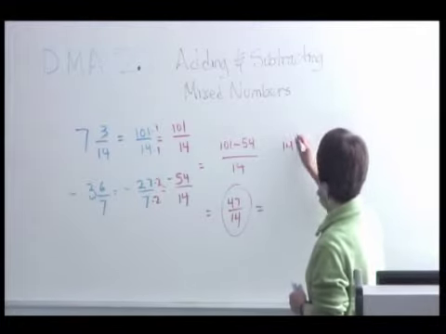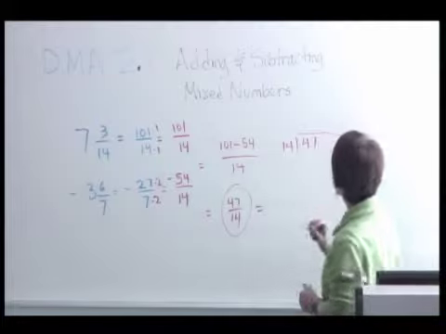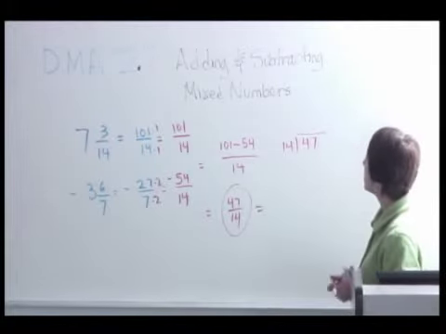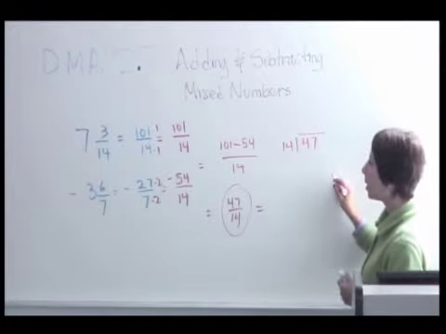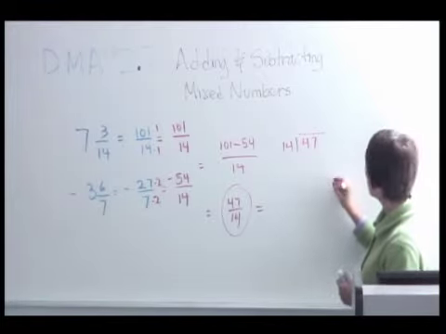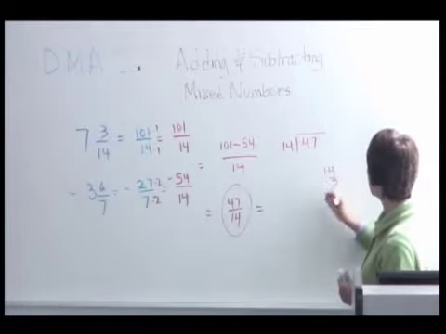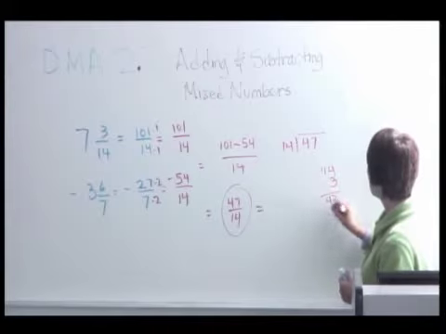So 14 into 47, let's see. What's 3 times 14? 3 times 14 is 42.